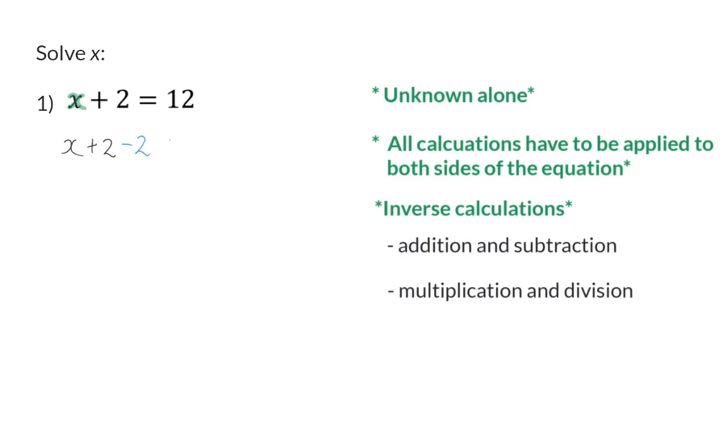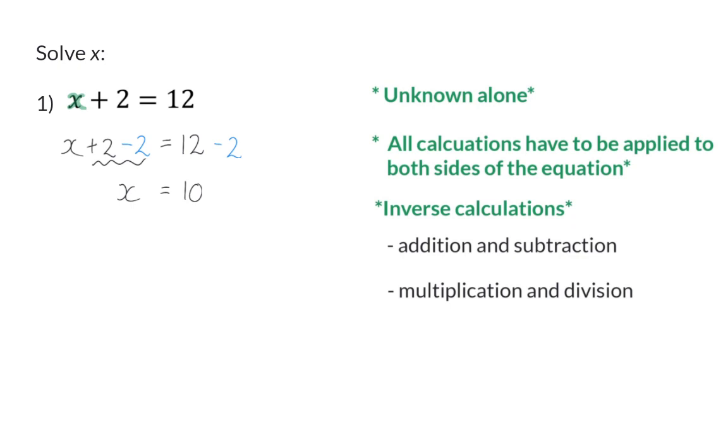Now, you need to remember that this is like a scale, and to keep the balance, because we subtracted 2 on the left, we also have to subtract 2 on the right. On the left-hand side, we are now left with only x, because plus 2 minus 2 is 0. And on the right we have 12 minus 2, which is 10. So, x is equal to 10.